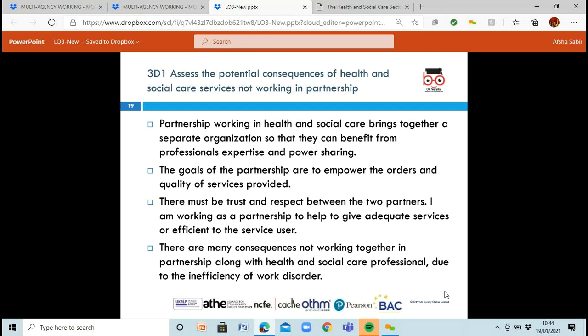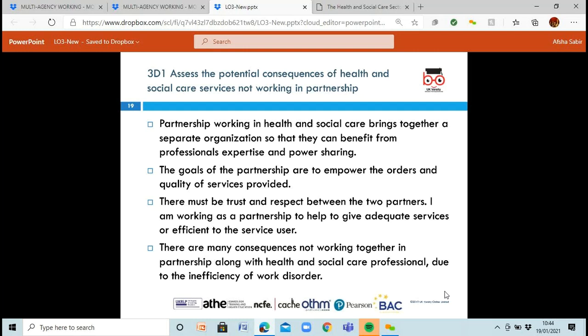So partnership working in health and social care brings separate organisations together so that they can share their own professional expertise and have a power sharing where they can share responsibilities. So the goals of this are to improve the quality of the services provided. Like we mentioned earlier, it's just all about getting the best service for the service users.